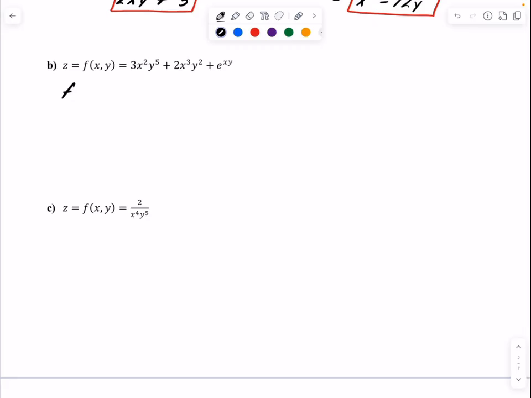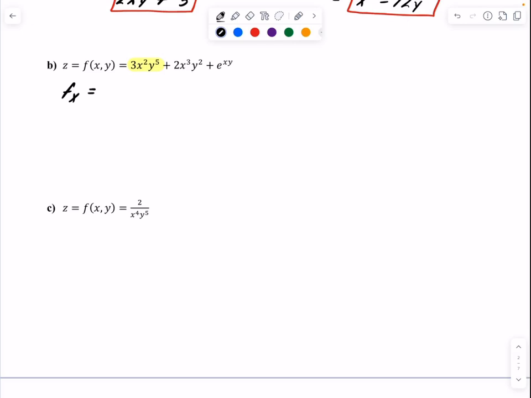I want to find the derivative with respect to x first. So I'm going to take it term by term, just like I did in that last example. I'm going to start with the first term. If I'm taking the derivative or partial derivative with respect to x, y is a constant.